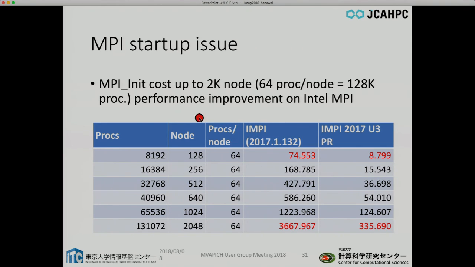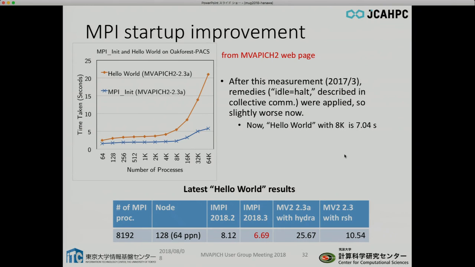For this issue, the MPICH2 team, the Intel MPI team, and the MPICH team helped us. In the Intel MPI case, performance improved drastically. For the MPICH2 case, this graph is indicated on the web page.